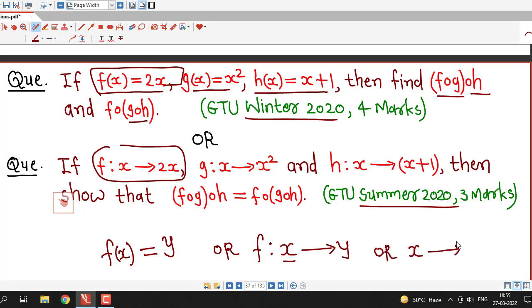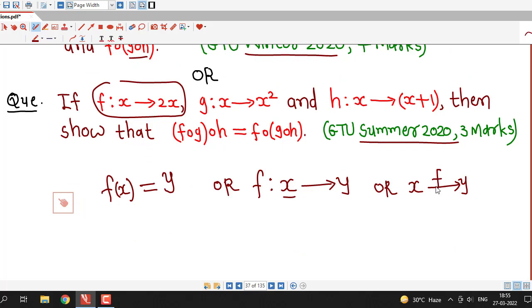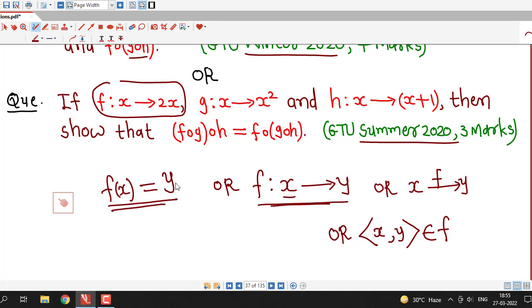Sometimes they write in this way also, x tending to y, and here they write the symbol of f, or sometimes they give it in this way also. So we must be familiar with these different expressions for the function f(x) equal to y, or f from x to y. This is in terms of relations that we will discuss later, but it is also one notation for the function.